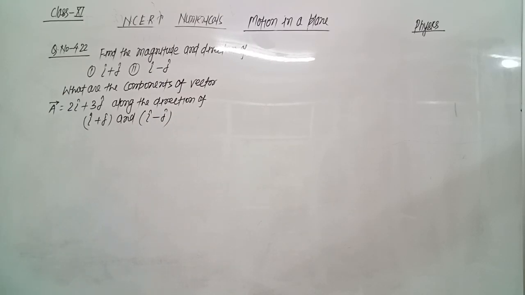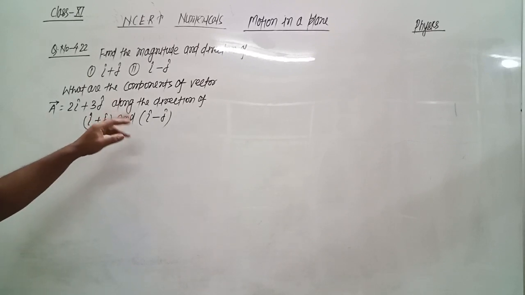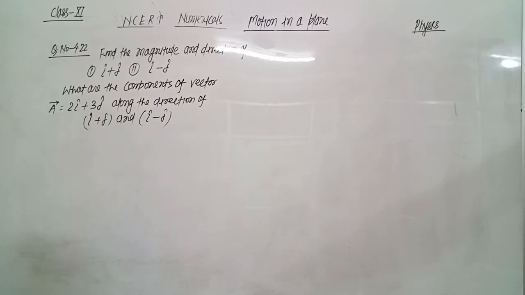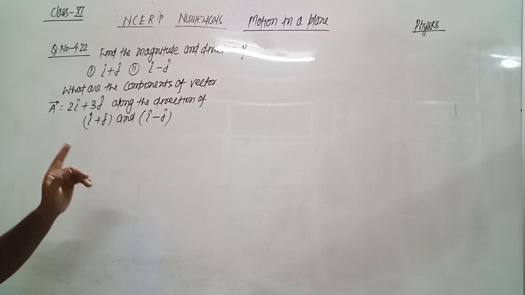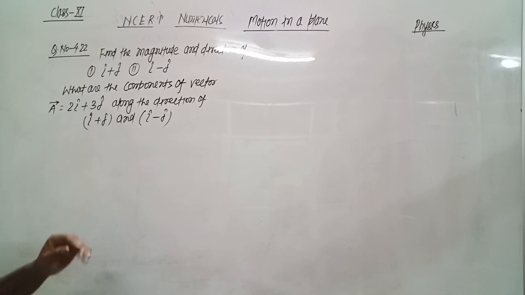So firstly we have to calculate the magnitude and direction of vector i cap plus j cap.